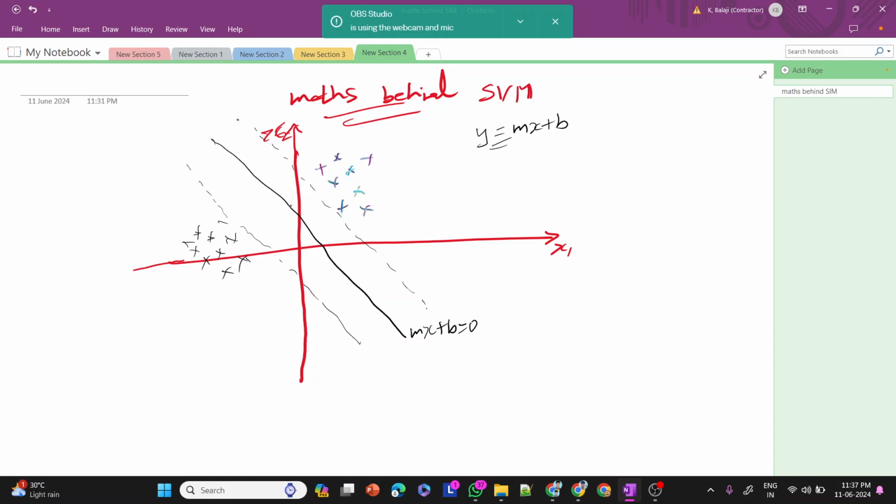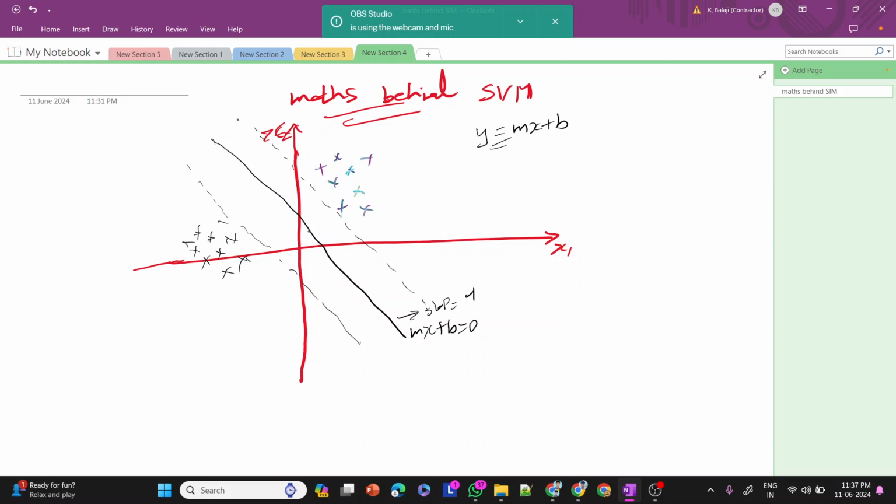Let's consider this hyperplane having a slope of -1, and consider this hyperplane touches the y axis, the x2 axis, when x1 is 0. But here I have drawn this line a little bit away from the origin.